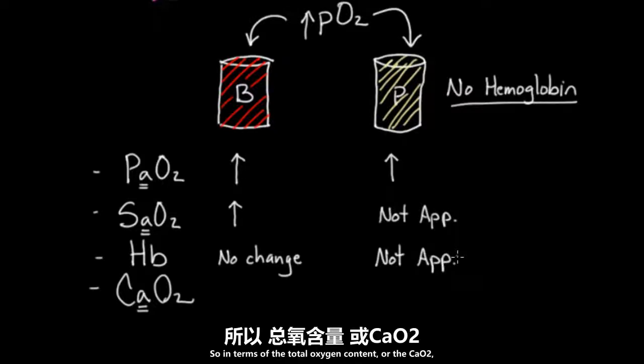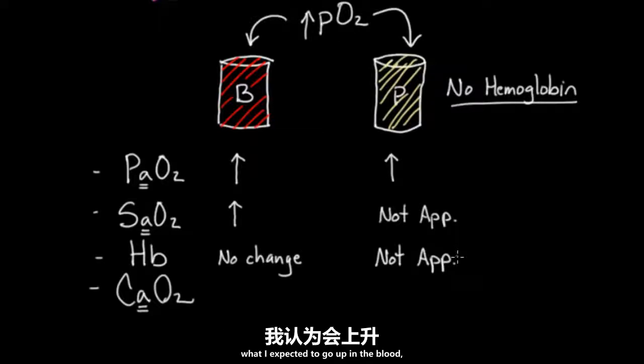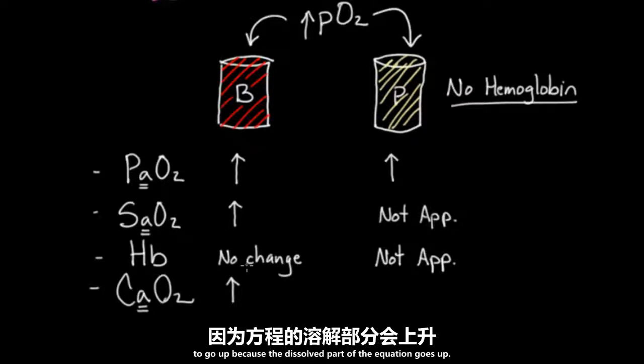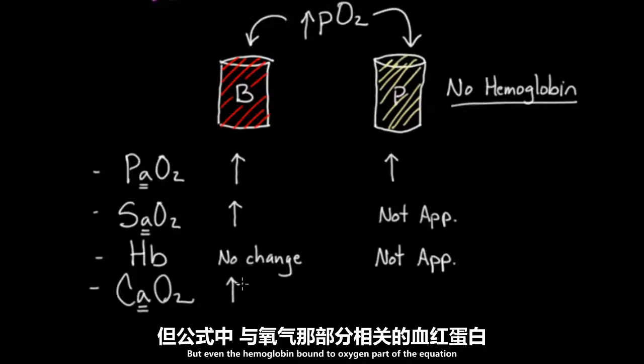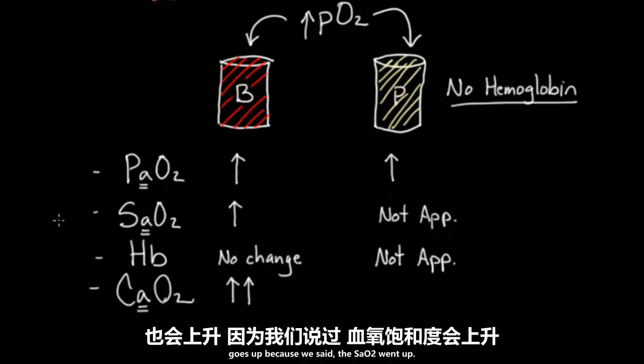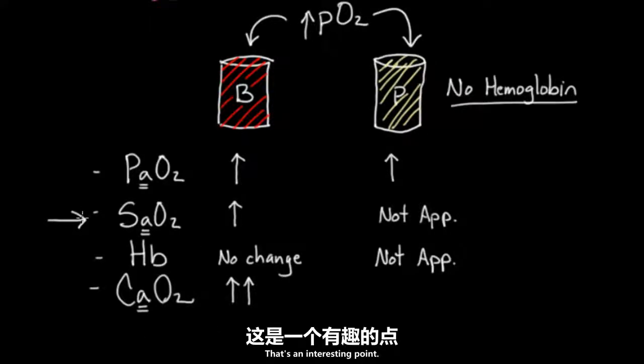So in terms of the total oxygen content, or the CaO2, would I expect it to go up in the blood? Definitely, right? It's definitely going to go up because the dissolved part of the equation goes up, but even the hemoglobin bound to oxygen part of the equation goes up because we said the SaO2 went up. That's an interesting point, right?